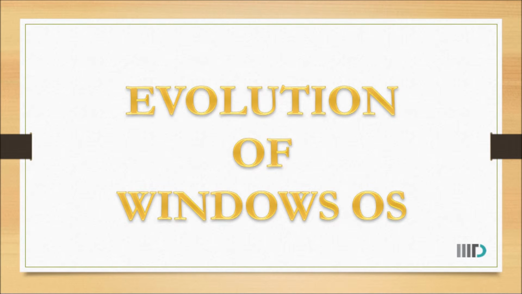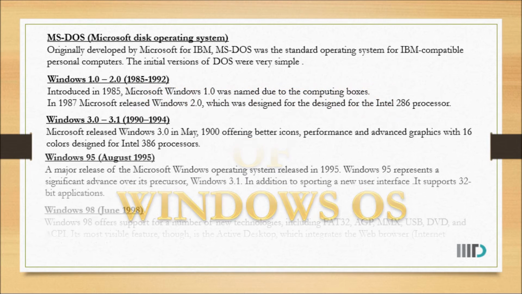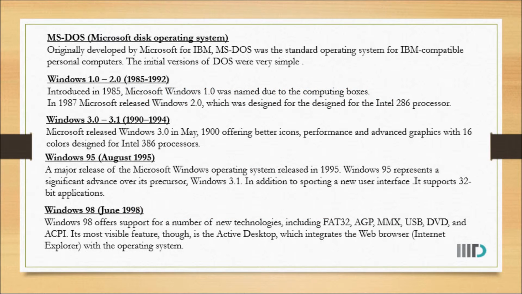Evolution of Windows OS. MS-DOS, Microsoft Disk Operating System, originally developed by Microsoft for IBM, was the standard operating system for IBM-compatible personal computers. Windows 1.0 and 2. Introduced in 1985, Microsoft Windows 1 was named due to the computing boxes. In 1987, Microsoft released Windows 2, which was designed for the Intel 286 processor.